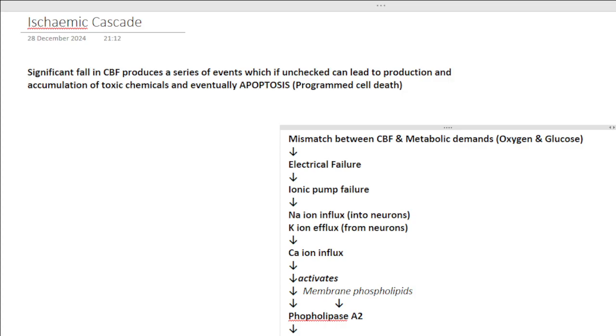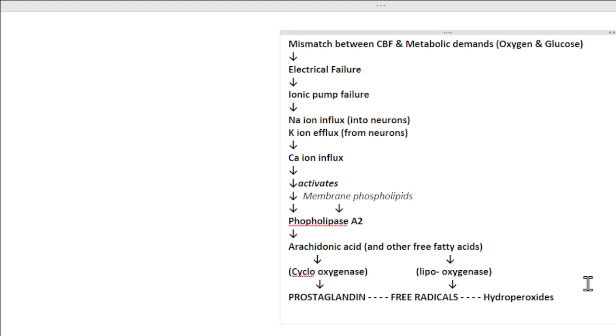Free radicals are something which will actually cause the damage. Free radicals and then hydroperoxides.